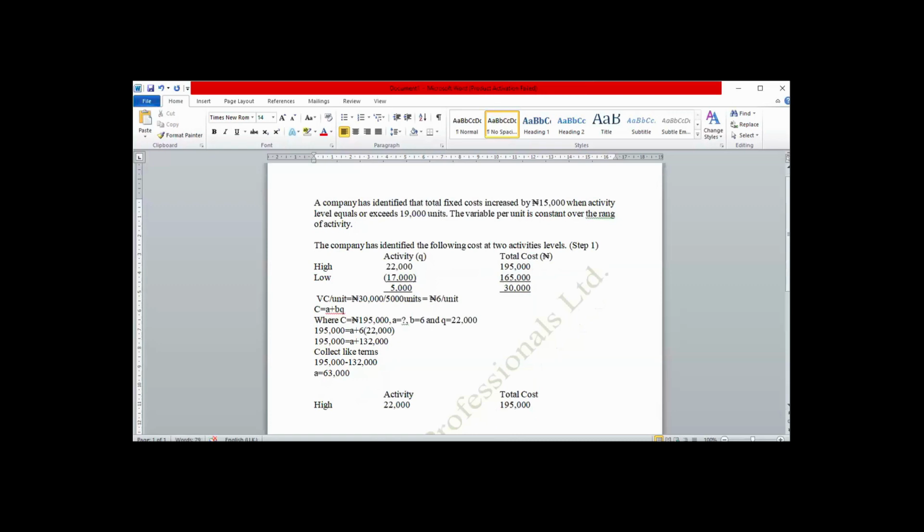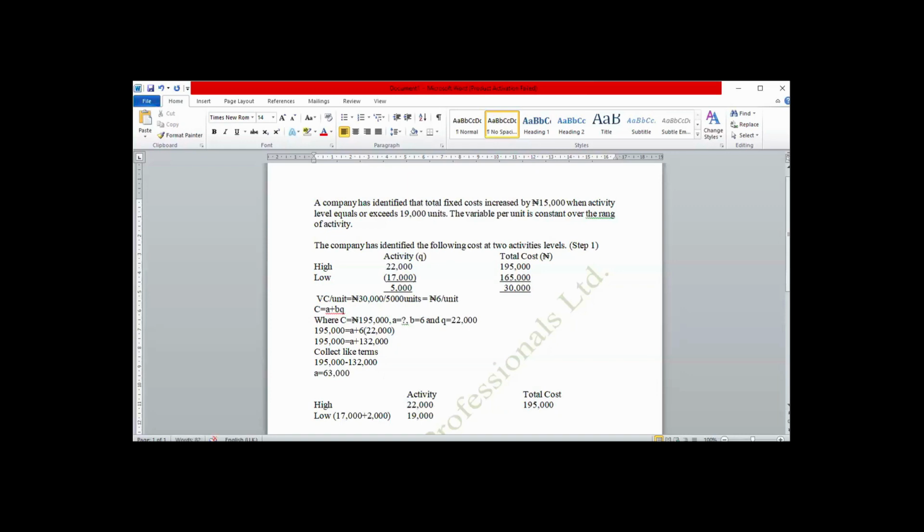Now here, we have the increment that they said equals or exceeds 19,000 units. Here, we're supposed to factor in 17,000 plus 2,000, making 19,000. This becomes 19,000.